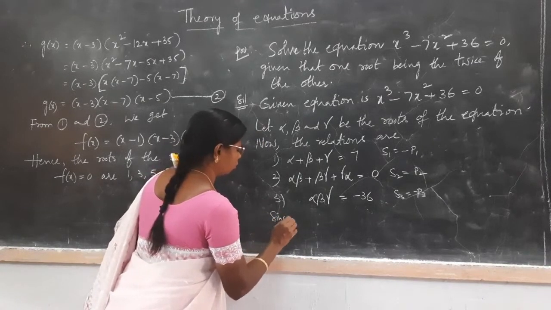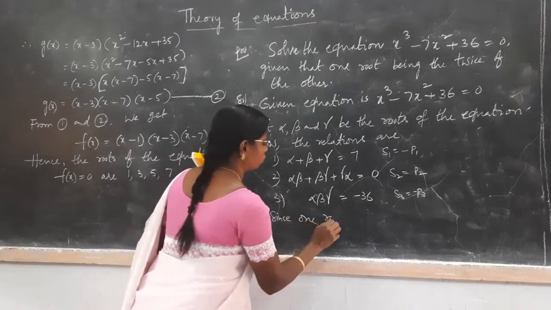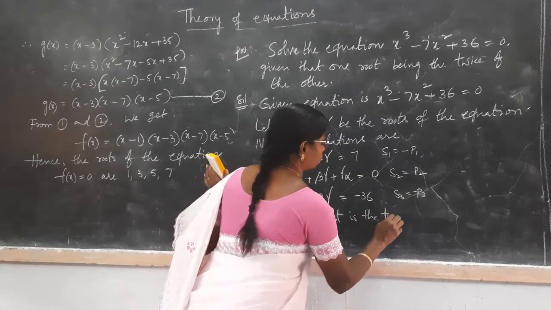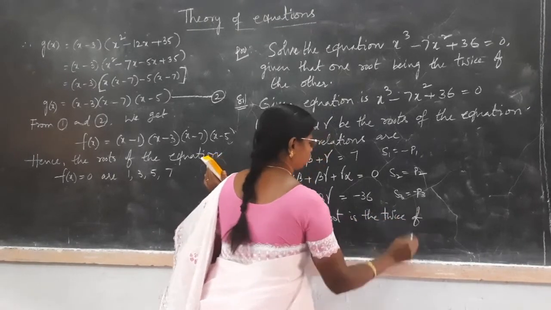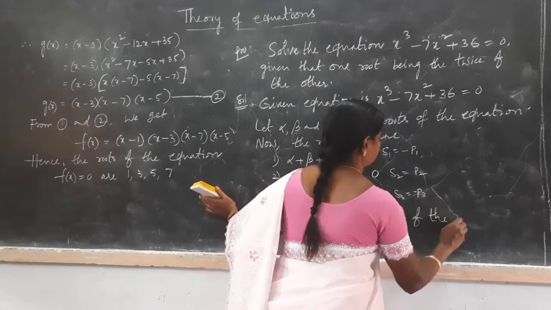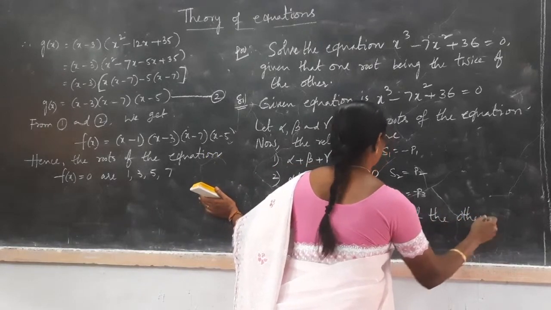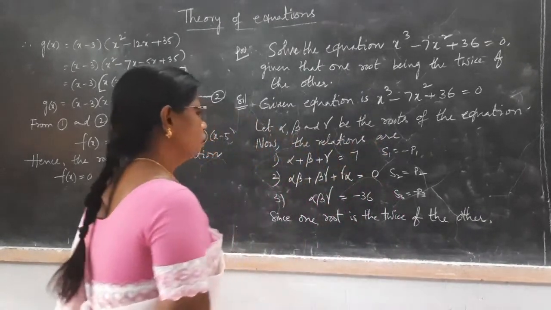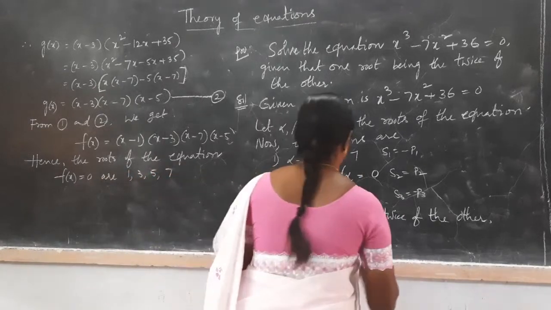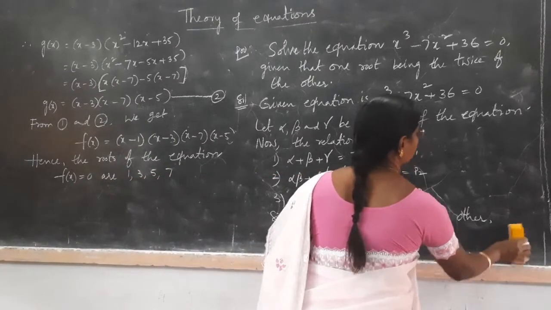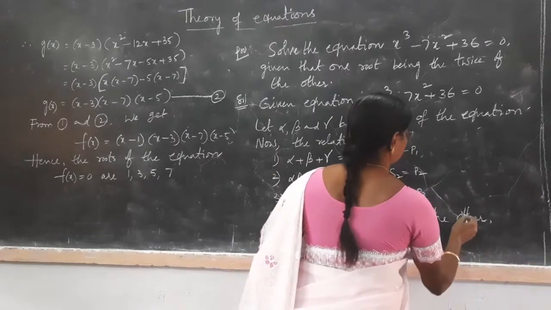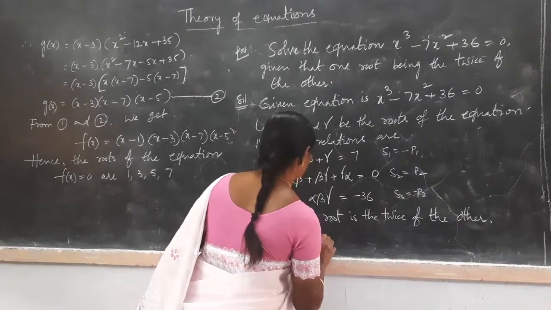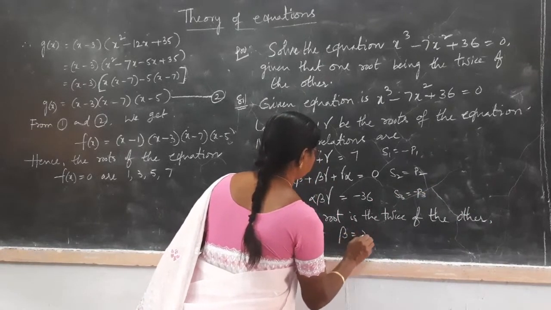Since one root is twice the other, let beta be equal to 2 alpha.